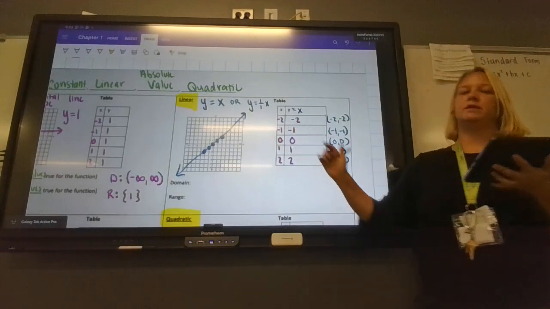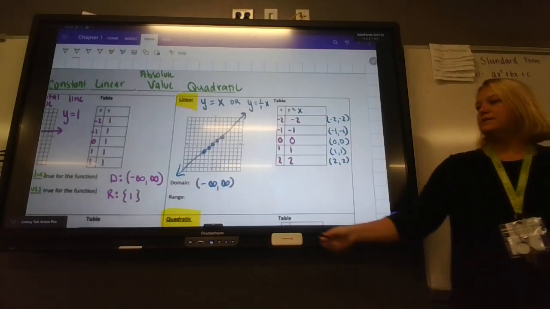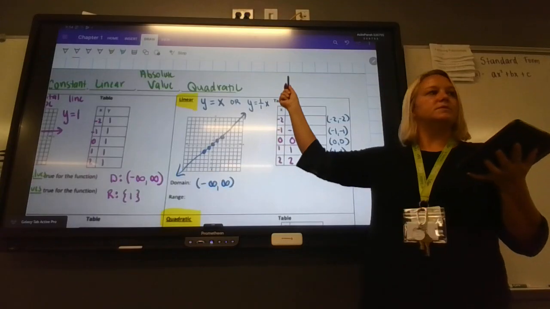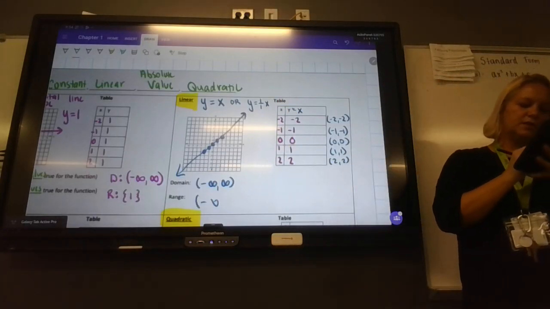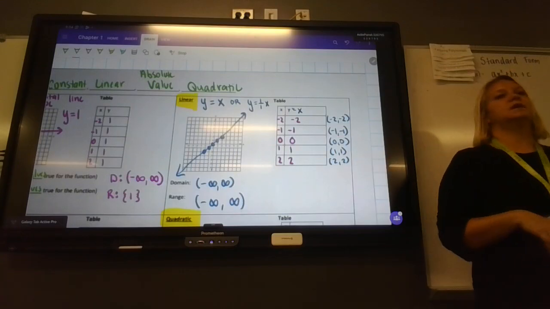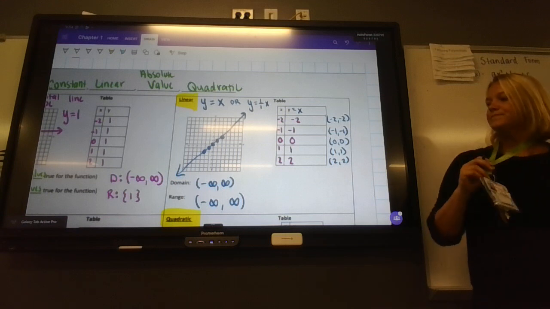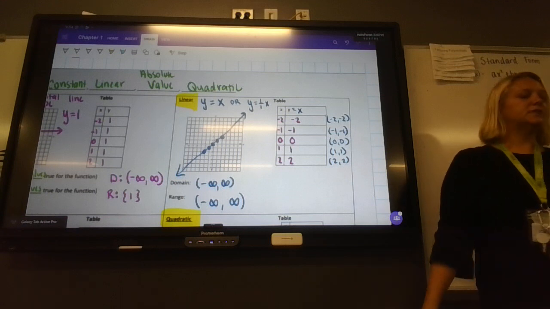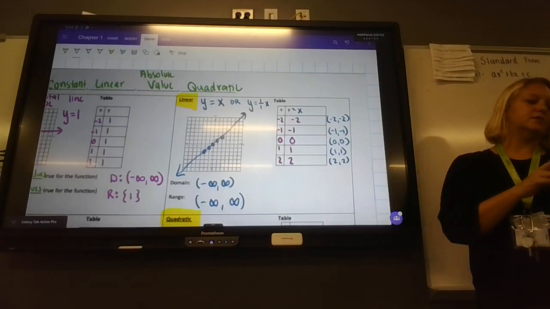So this is the most basic linear function there is. The domain runs from negative infinity to infinity because it has arrows. It never stops. And so does the range. Negative infinity to infinity. And practice your sideways 8s there for your infinity signs. It goes left and right forever. It goes up and down forever.